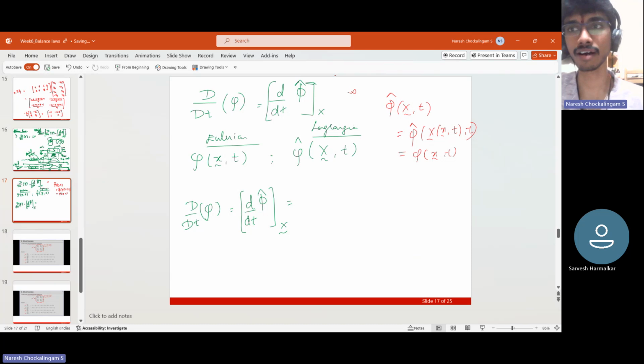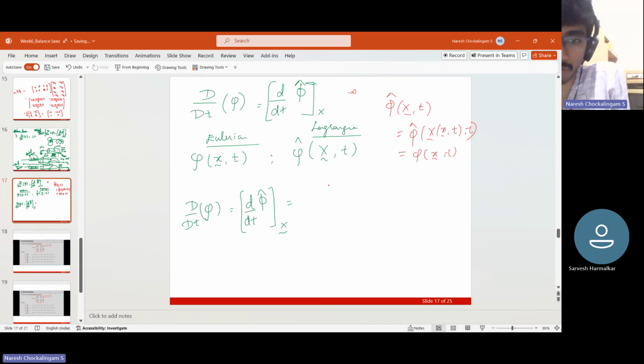At time t equal to 0, one particle will pass through 2 comma 4. At time t equal to 1 second, some other particle will pass through that. Now I'm recording the temperature of these particles. Now the particle itself, the particle capital X, which passes through a given spatial point small x, is itself a function of time. Therefore this capital X is also a function of small x and time.